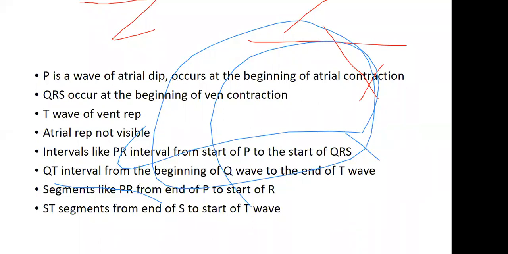So this QT interval is important in the sense that the heart should not be disturbed by any stimulus during this time. And the QT interval should be normal. If it is prolonged or shortened, then it can make ventricular contraction difficult.